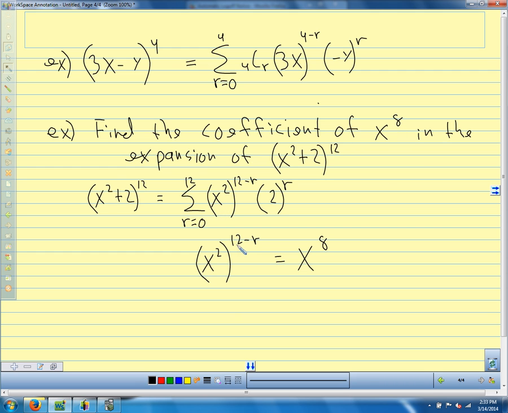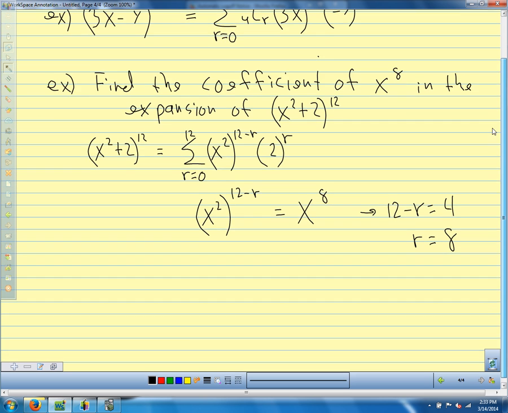So if (x squared) to the 12 minus r equals x to the 8th, what does 12 minus r have to be? When I raise a power to a power, what do I do to my exponents? Multiply. So what do I have to multiply 2 by to get 8? 4. So that tells me that 12 minus r equals 4. So r equals 8.